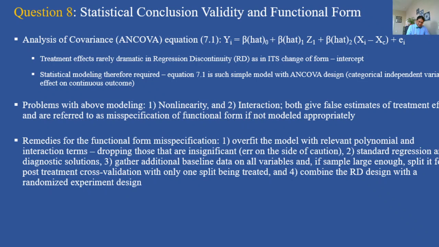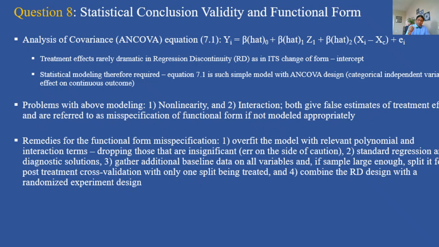So in the equation, if you see, y is the outcome with a subscript i denoting the units in the study, 1 to n. Beta hat subscript 0 is the intercept. Z is the categorical treatment variable with two levels, control and treatment.